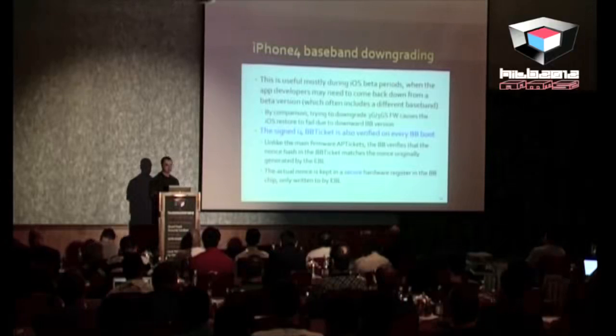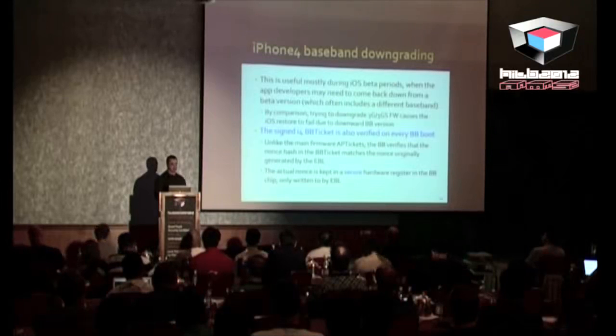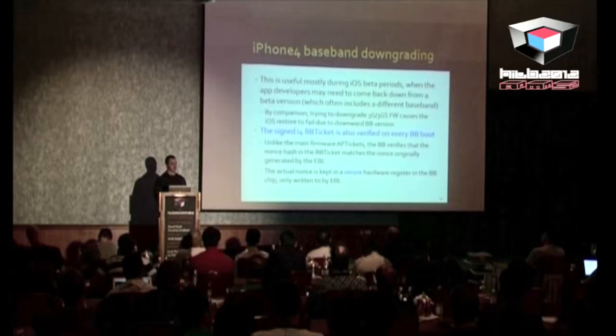One difference between the baseband ticket and the AP ticket is that there's some randomness added to the request to the server that gets signed by Apple. For some reason, on the AP side they don't bother to check that the random value they put in the ticket matches what you originally asked for.